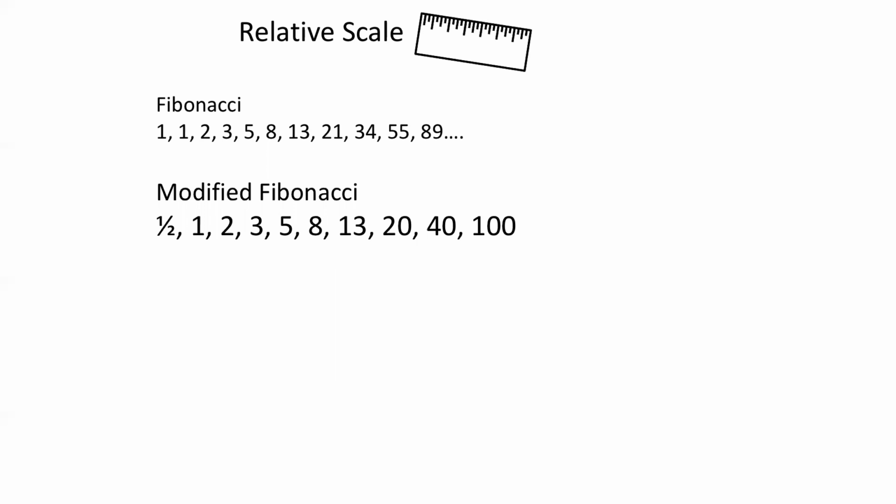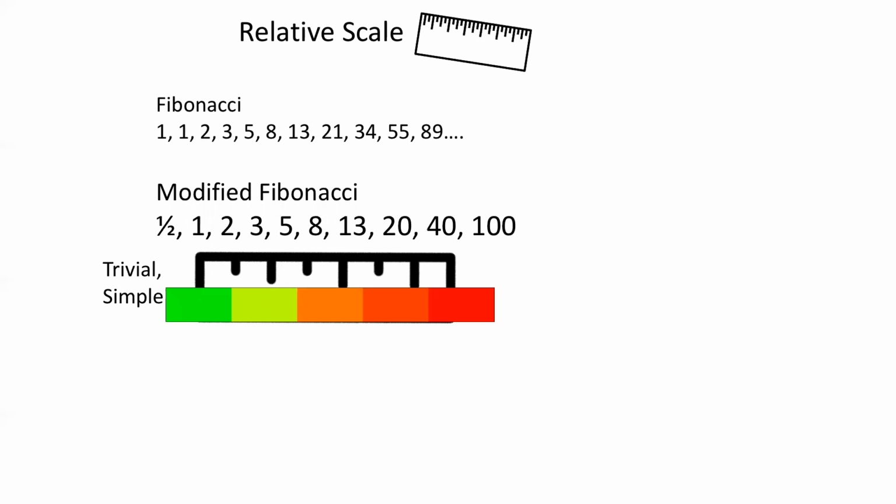So this gives you a good relative scale if you have to size your tasks or your stories. In this whole spectrum, on the left-hand side, you have 1, 2. Those are simple tasks. They should be trivial. They should be easy if they are sized that way.